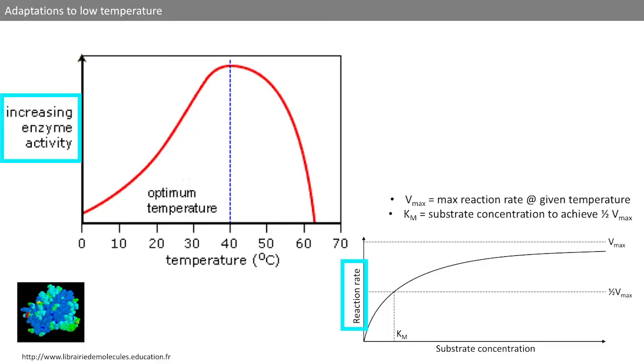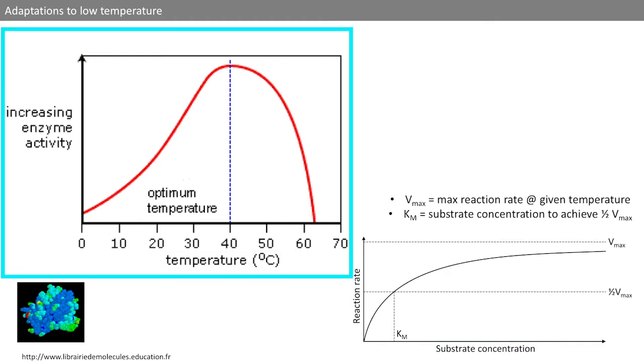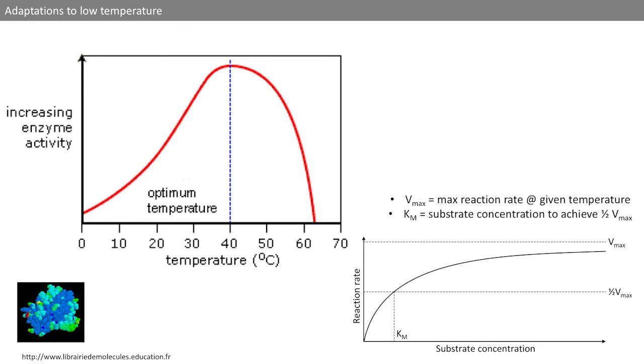Now, enzyme reaction rates are dependent on the temperature of the environment and the concentration of the substrate that they are acting on. This is an example of a typical activity profile across temperature for a given enzyme. And this enzyme is designed to function optimally at 40 degrees.